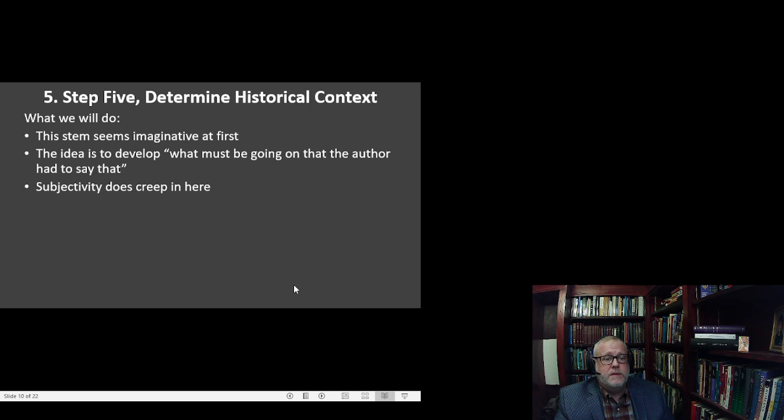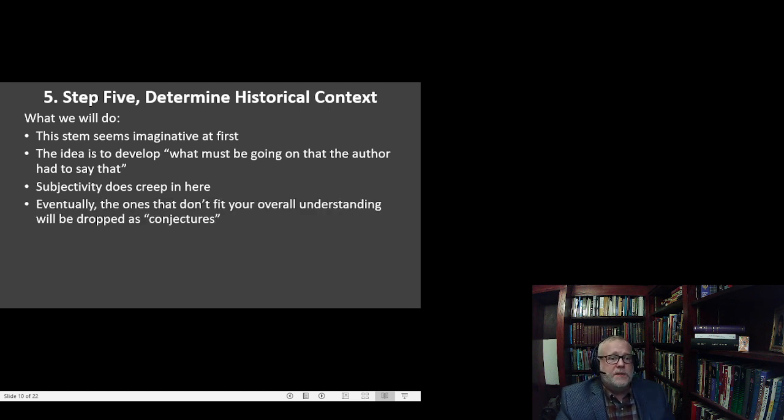Subjectivity does creep into the method here. It's not entirely objective, because what one person backwards inferences might be different from what another person does. It's okay. You're going to be using more objective things to filter them later. And this is the brainstorming phase, if you want to think about it like that. And you often have to do some brainstorming to figure out which path you're going to go down.